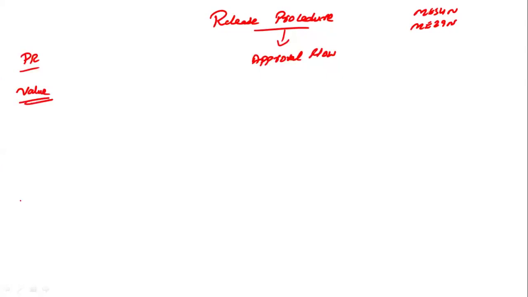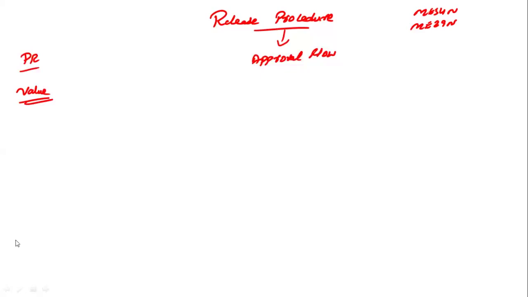Can someone tell what this value is? The total buying cost of a particular material. Yes. So based on the total value of the PR or PO, the approval flow gets decided.